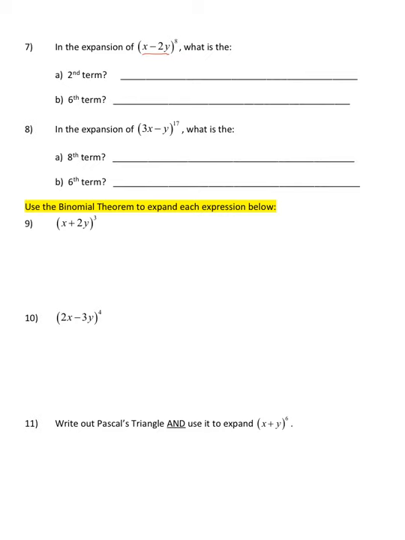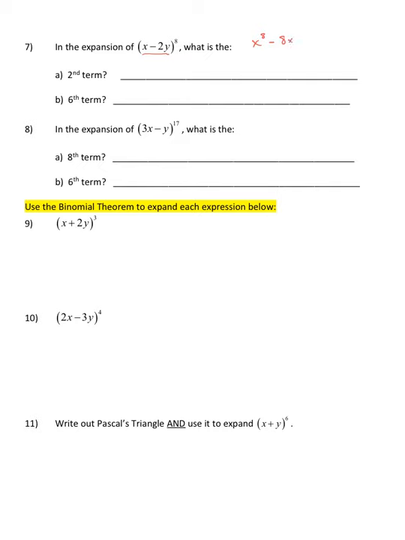Second term's pretty easy. We could do that without knowing a whole lot, because we know the first term is x to the 8th, and we know the second term is going to be a minus, because it alternates plus minus, and I'm going to show you another reason why for that in a minute, but it's x to the 8th minus, and then it will be 8, because the coefficient of the second term is always the same as the exponent.